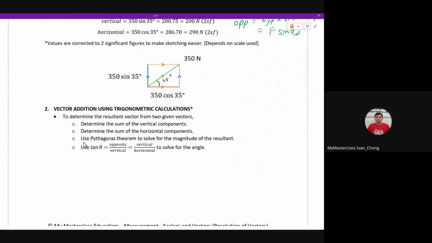If I have two vectors, all I need to do is break both down, add up the two verticals, add up the two horizontals, and then use Pythagoras' theorem to find the hypotenuse. If I want to find the angle, I use tangent to solve for the value.